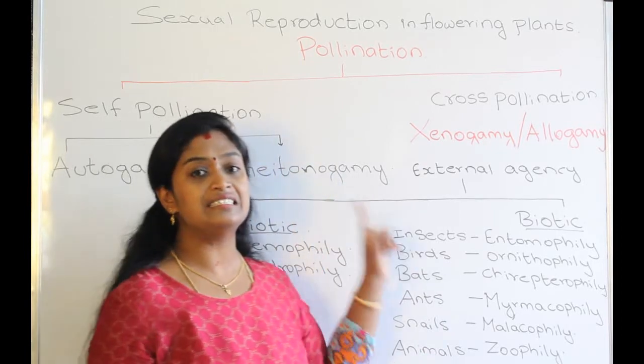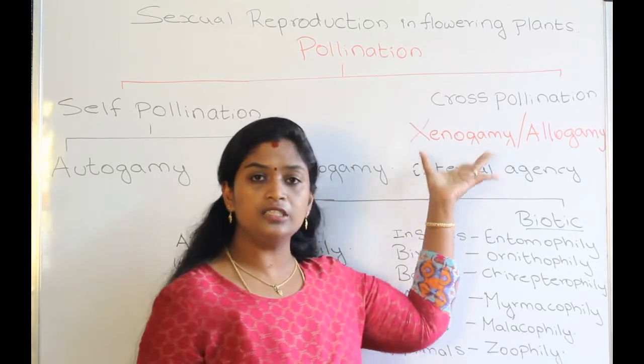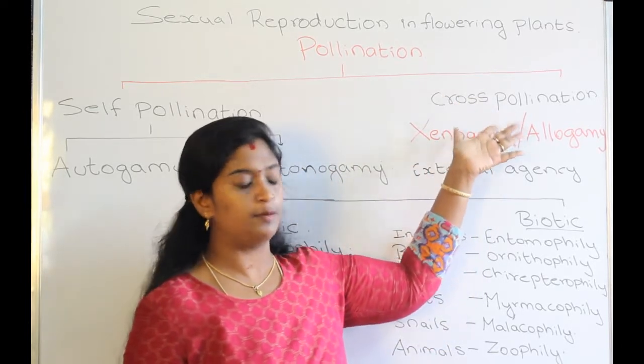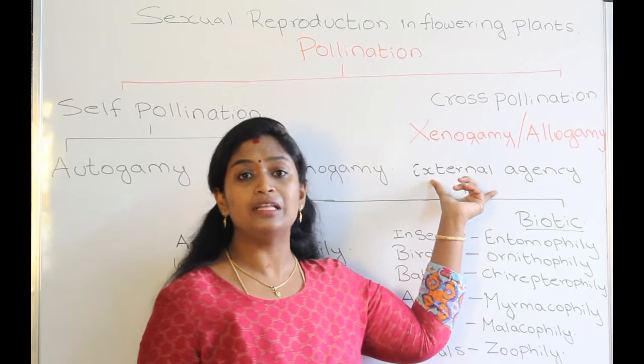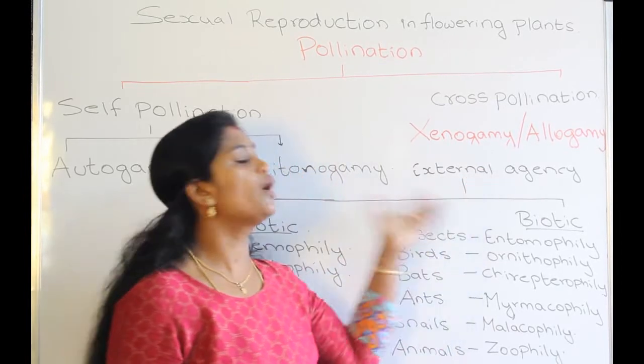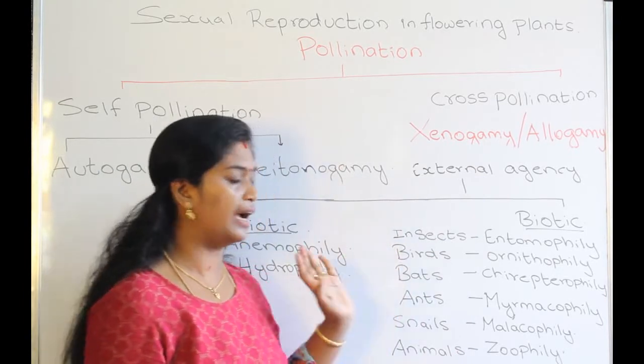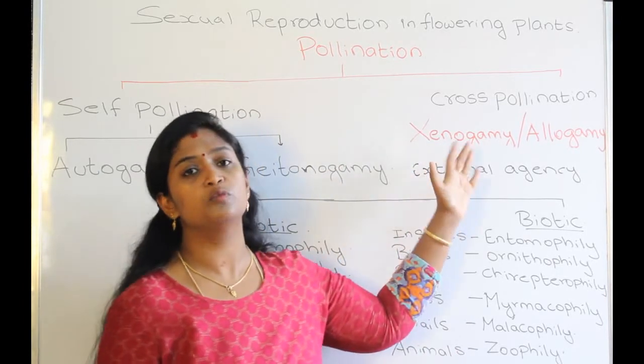The main disadvantage is the external agency. Without external agency, cross-pollination won't take place, because if there is no external agency, such as insects, birds and bats, cross-pollination would not take place.